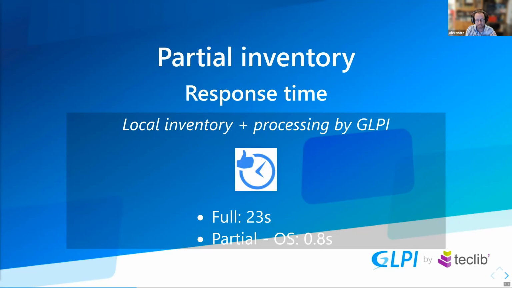By the way, if you reduce the frequency of inventories of an agent, and you have a lot of agents, like thousands of agents in your IT, your Apache server will be overwhelmed by the requests of the agents. So with this partial feature, you can do a full inventory each day and have the important data sent at a very small frequency if you want.